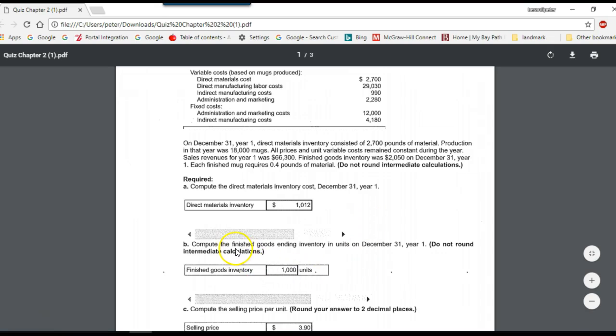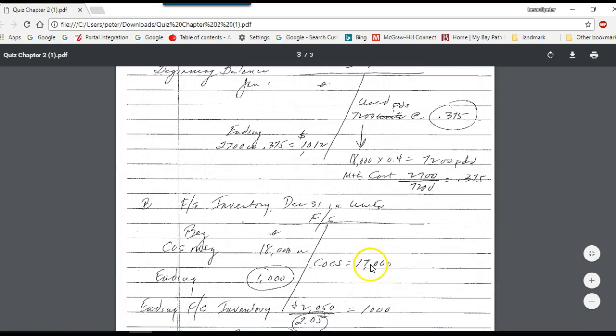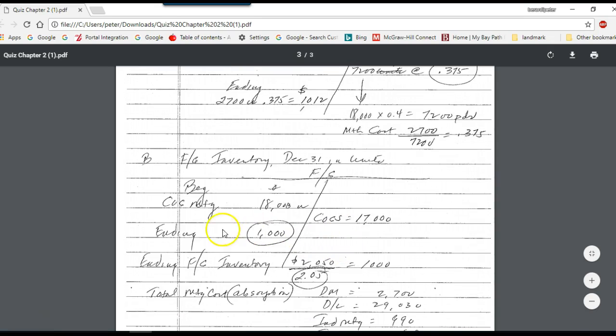Then it says compute the finished goods ending inventory in units at the end of the year. So again, beginning inventory was 0. For the cost of goods manufactured, not sold, they basically did 18,000 mugs for the year, which is given to you in the problem.